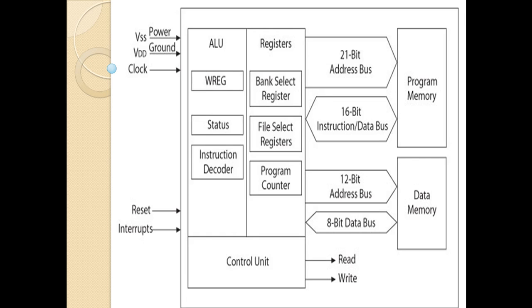The data memory has address bus of 12 bits with a combination of 8 plus 4 and data bus of 8 bits. As per the ALU, that is arithmetic logic unit, it consists of working register, that is W register, status register, and instruction decoder. W register can be compared to the accumulator of other controllers, and the rest of them perform the same basic function.